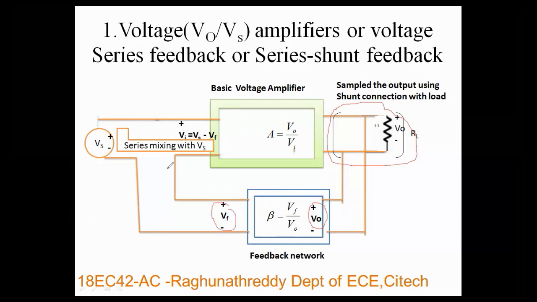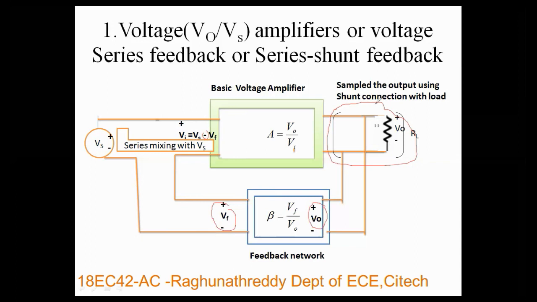This is mixed with the source voltage, so the voltage applied to the basic voltage amplifier is Vs minus Vf. This negative sign indicates that the feedback voltage always opposes the source voltage, or we can say the feedback voltage has a 180-degree phase shift with respect to Vs. Why is it called voltage series?